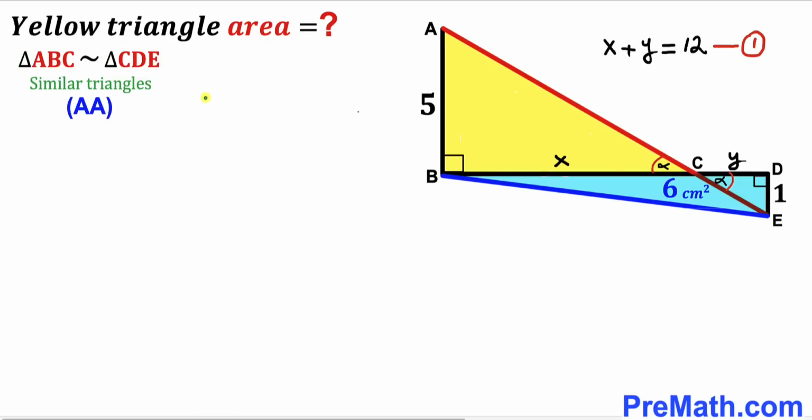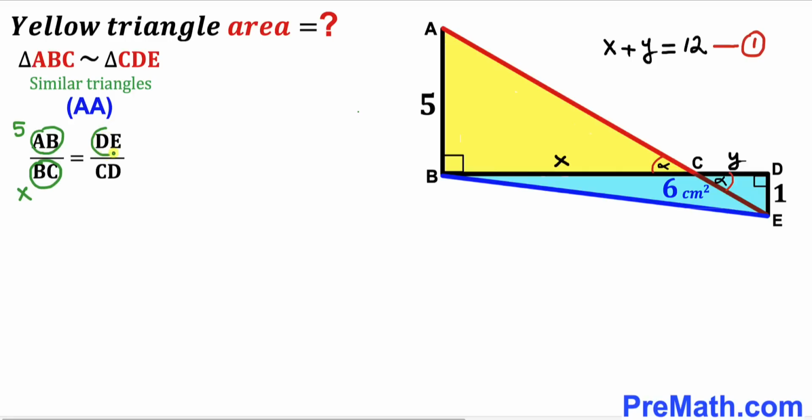Since these triangles are similar, we are going to have a proportion. The ratio of the side length AB to the side length BC is equal to the ratio of the side length DE to CD. Let's make an observation. AB is 5 centimeters, so I'm going to replace that with 5. Side BC is lowercase x.